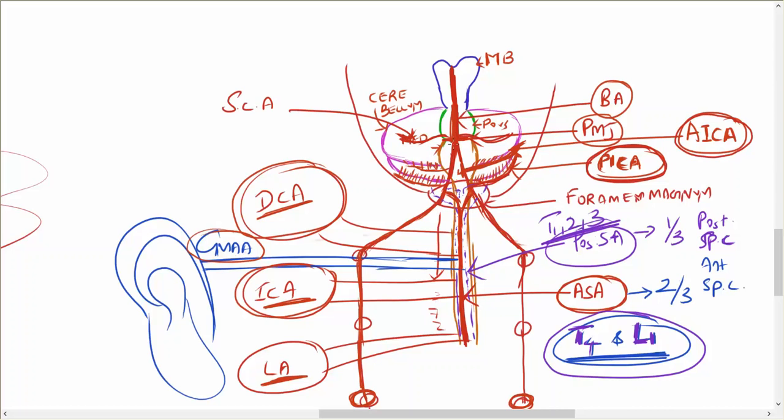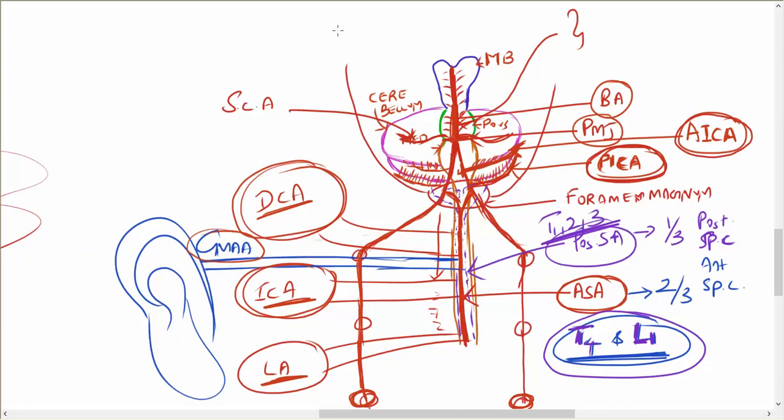The superior cerebellar arteries supply the superior part of the cerebellum, and the basilar artery gives branches to the pons, the pontine arteries, and they also supply the midbrain.